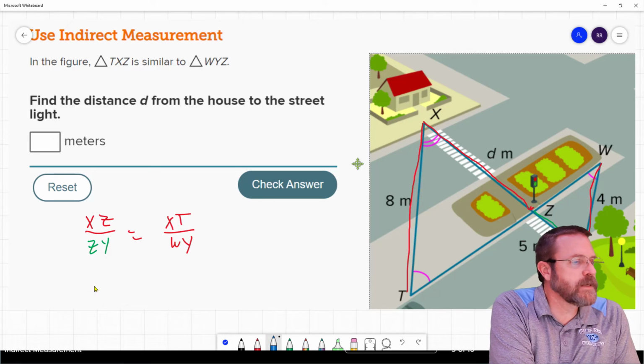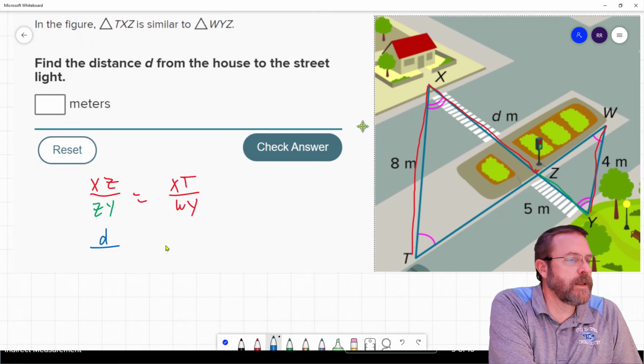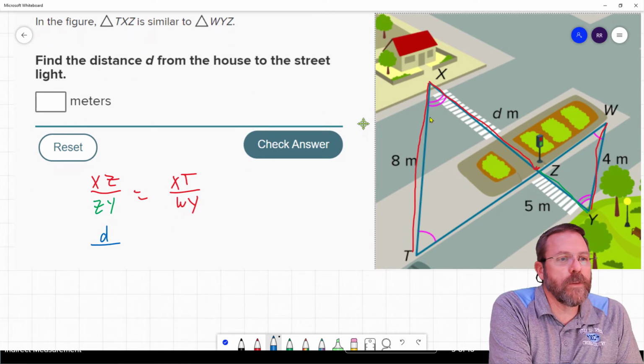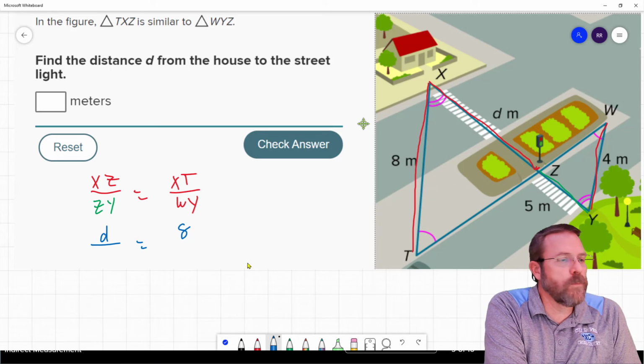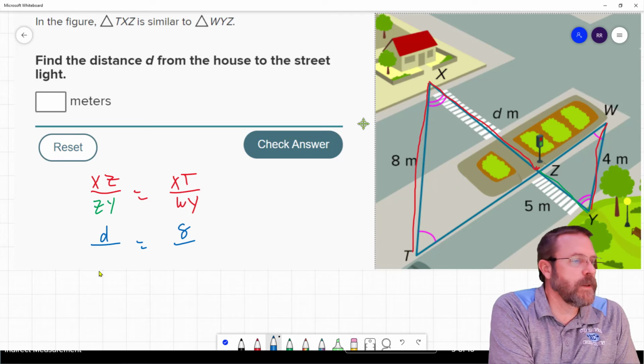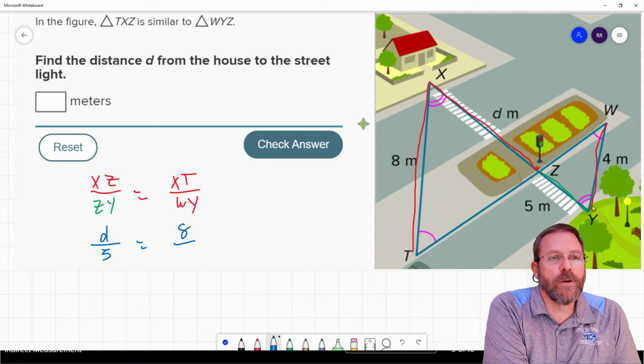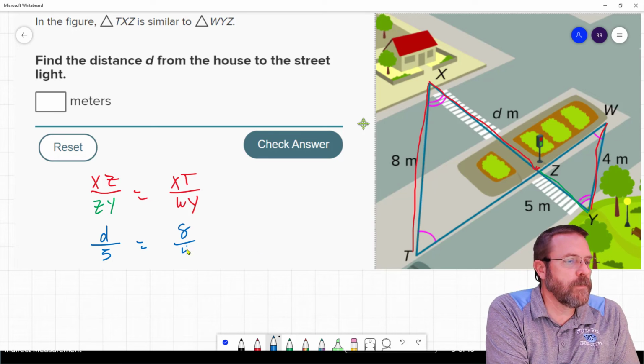I know that XZ is what I'm looking for, that side length D, and I know that side XT is going to equal 8. Furthermore, I know that side ZY is going to equal 5. That's this distance right here. And I know that side WY is going to end up being 4.